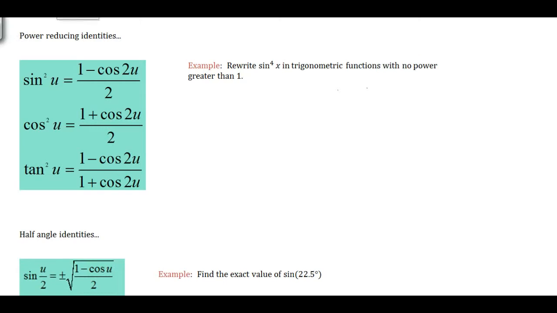So here I have sine to the 4th power. Wow, so big, and we've run into that in class where we have these big exponents. We wish we could make them smaller. Well, now we can, and so here I go. First thing I would do is I can't do sine to the 4th, but I can do sine squared. So let's just change that to sine squared x times sine squared x.